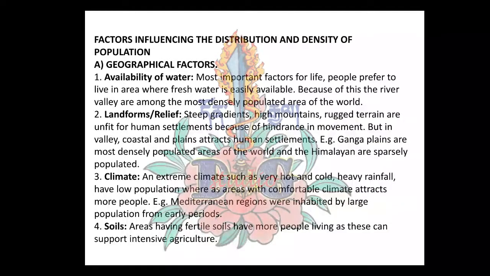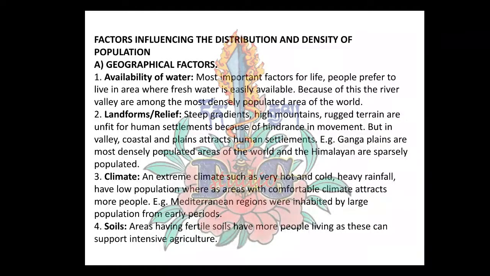Next one is the landform, or the relief features, or the physiographic divisions. Landforms, usually we can say mountains, plateaus, plains, coastal areas, and islands. You can also say deserts. These are the different landforms in geography, or you can say different landforms of our earth.